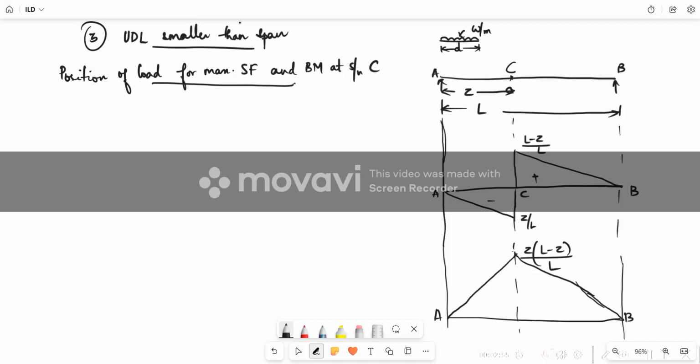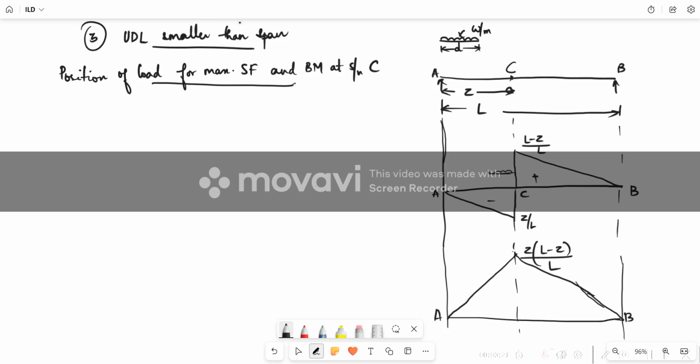So now looking at the ILD for shear force at C, it is evident that maximum negative shear force will develop when the head of the UDL reaches the section. That means your load position is somehow like this, assuming that d is less than Z. If d is equal to Z, then this load will occupy complete AC. Or if d is greater than Z, then it will just project out of A also.